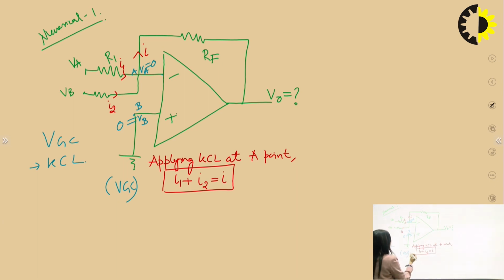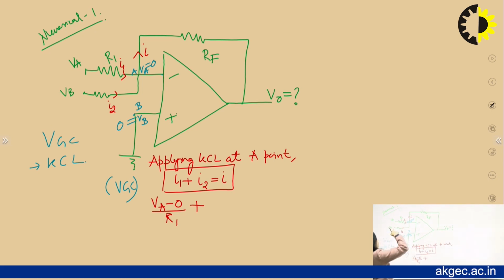Then how will I calculate I1? I1 is nothing but, see, VA minus 0 upon R1. Okay. And I2 is VB minus 0 upon, let's say, R2.